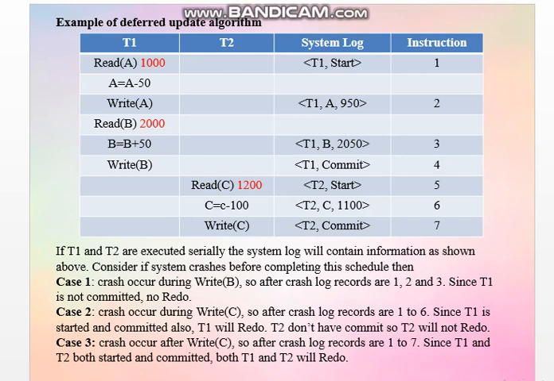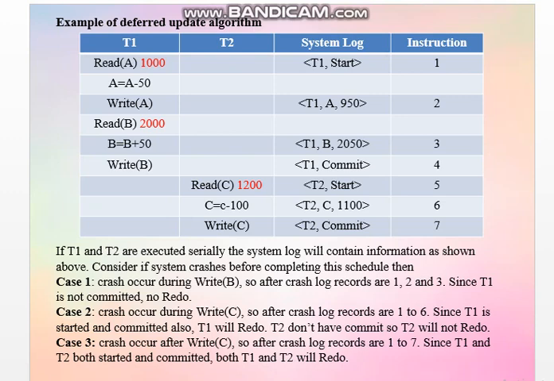Now here is an example of the deferred method where I have a transaction T1 and a transaction T2, and this is the system log file which is maintained, and these are the set of instructions. If T1 and T2 are executed serially, the system log will contain the information as shown above. Consider if the system crashes before completing the schedule.